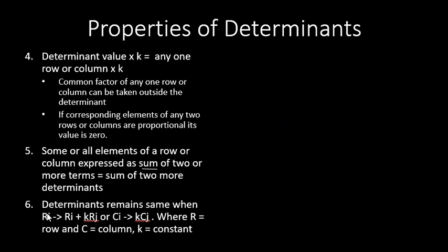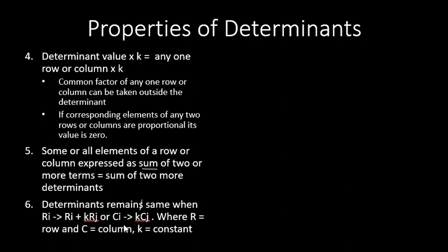Let us move to the sixth property. Determinants remain the same when Ri, the ith row, is transformed into the ith row plus k times the jth row.